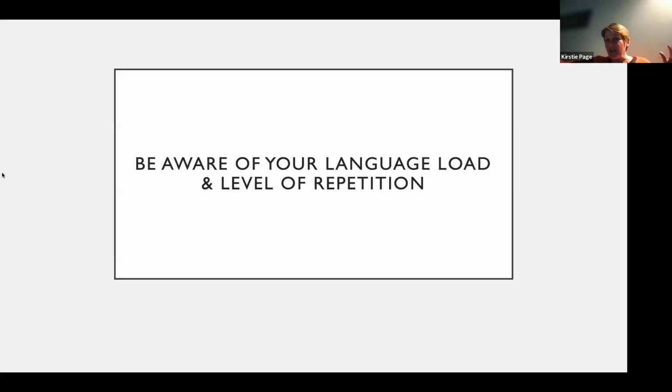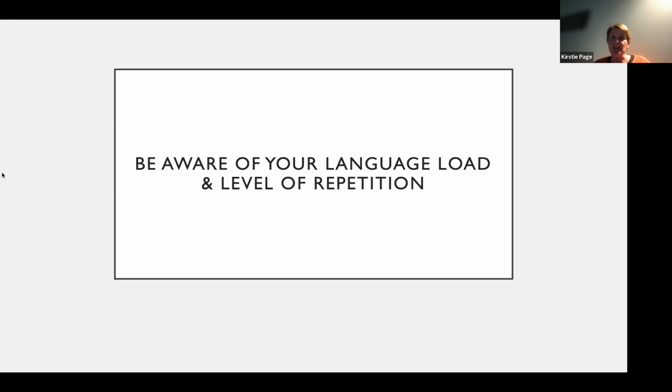So even if they could understand us if we spoke in much longer sentences, where are the models of how to copy back short word combinations, short phrases, or certain grammatical structures? We need to be aware that the simplification then becomes more of a strategy just for expressive language, but still a really important strategy.